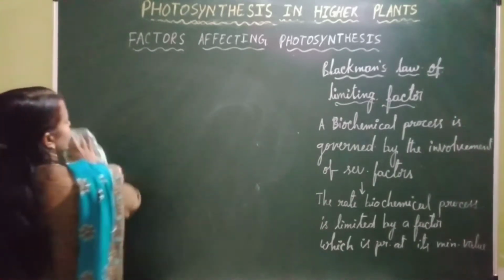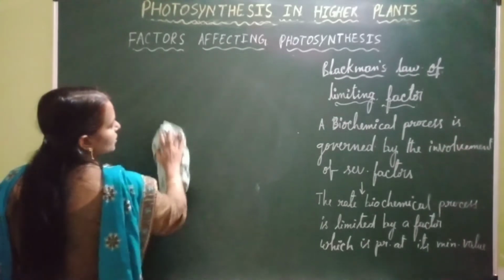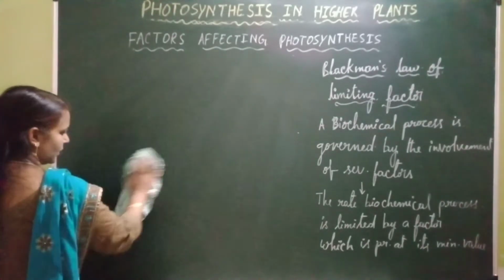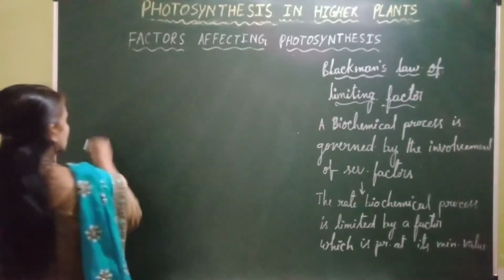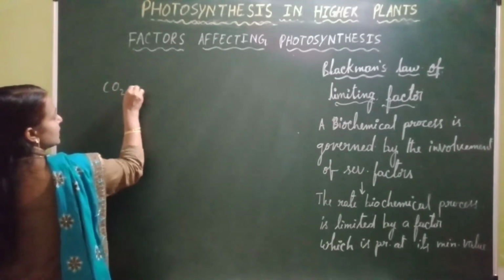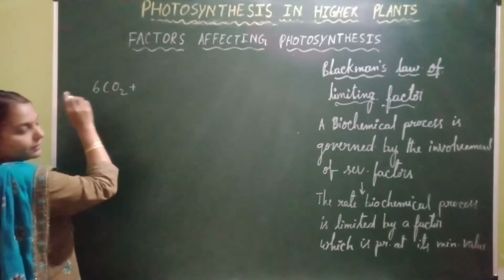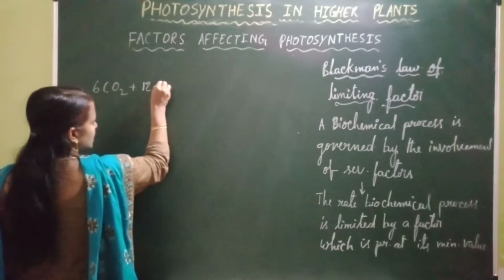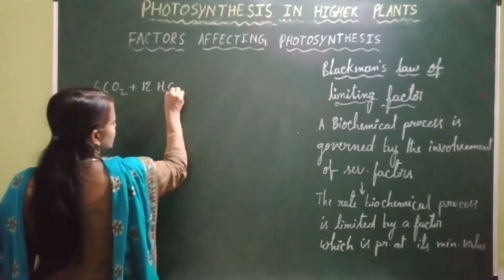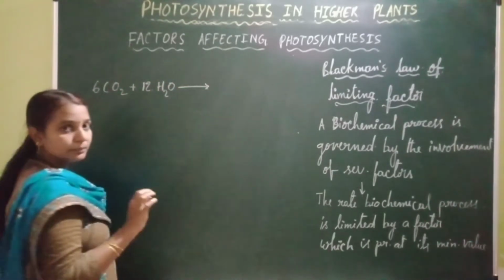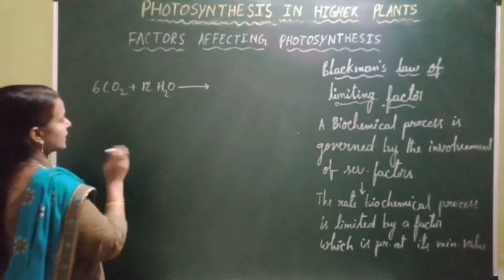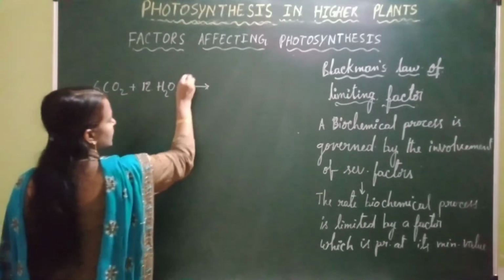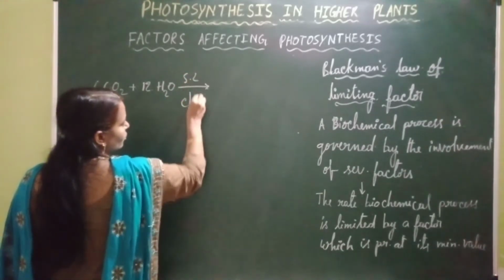So photosynthesis is governed by the involvement of more than one factor, that is carbon dioxide, water, sunlight and chlorophyll.